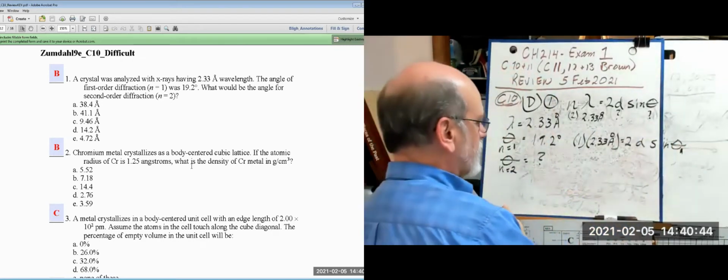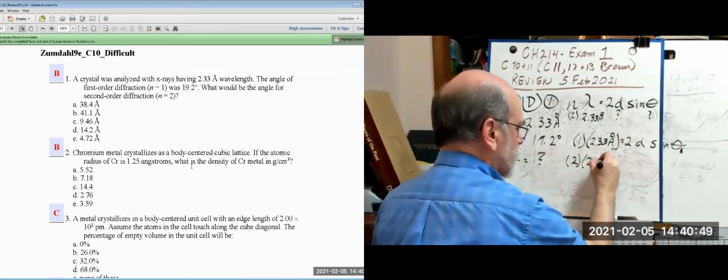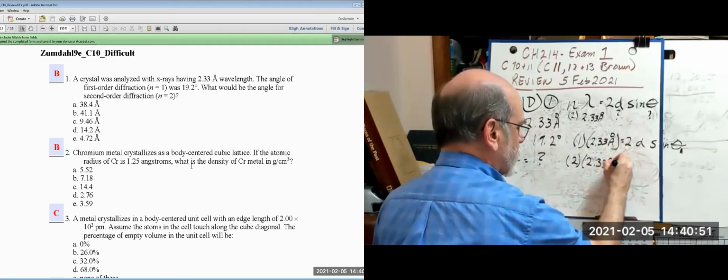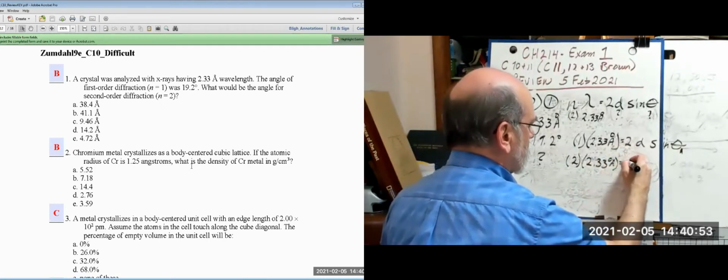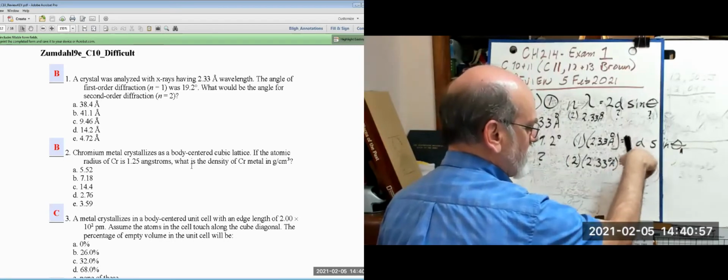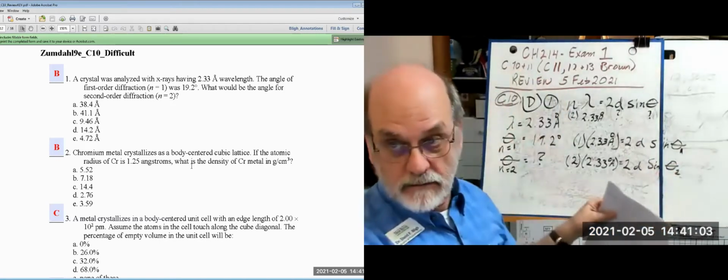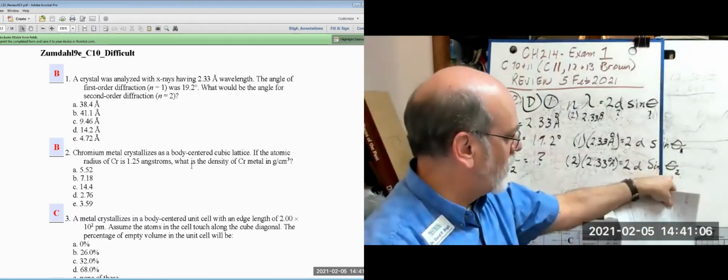Okay? The second one would be 2, same wavelength, 2, and then the distance would be the same for both of them. And then the sine theta for the second one, right? And that's the one we want.